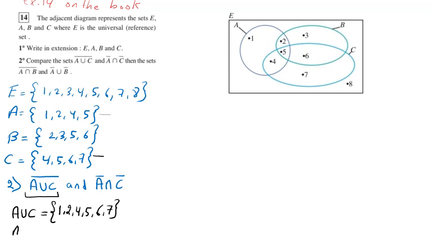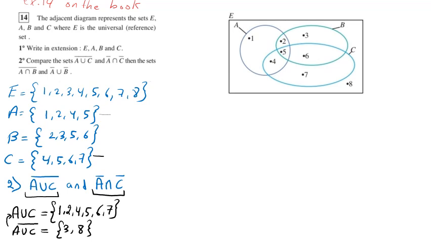Then we take the complement, (A union C) bar. We write the elements that are not in this set: we have 3 and 8. On the other hand, we should find A bar intersection C bar.